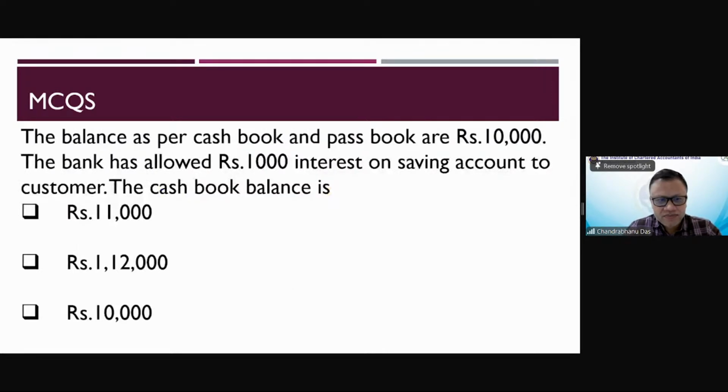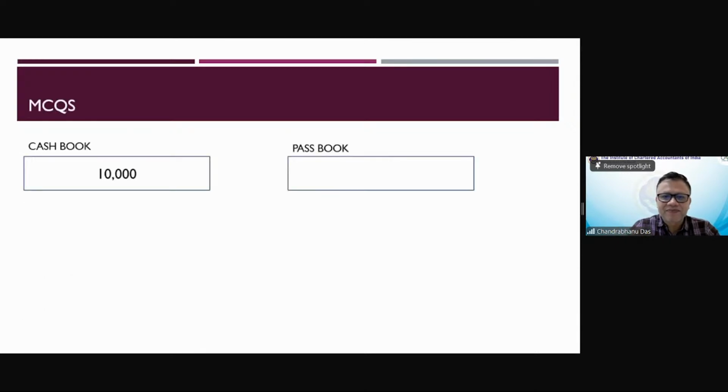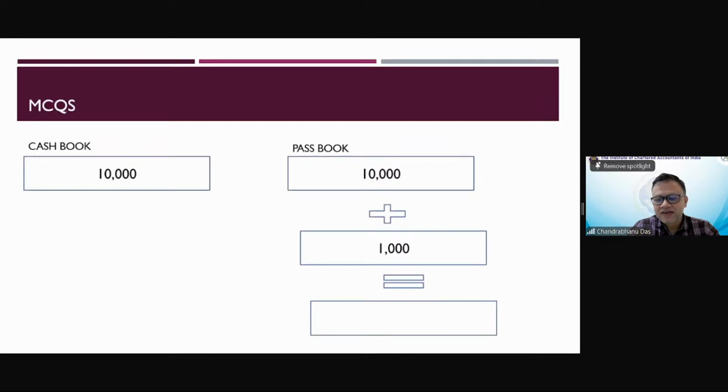Then here I was showing the cash book balance. Now the bank has allowed interest on the savings account to the customer. Both the cash book and passbook are 10,000. But if the bank has given interest, that is not known to the cash book. So the cash book balance will remain the same, but the passbook balance will increase. The company doesn't know that some interest has been credited to my account unless it sees the passbook.